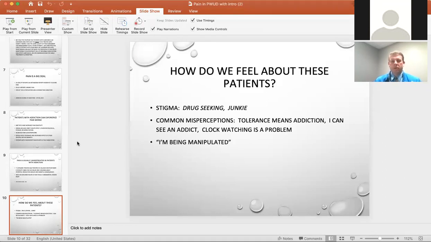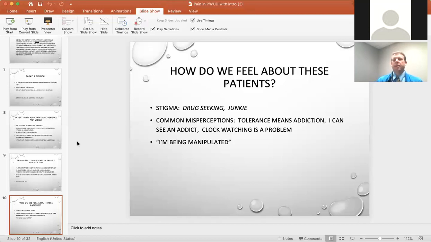The general gist of the article is that we oftentimes don't have very good opinions about patients with addiction, and we have common misperceptions about them. Like we say, if they ask for a medication, they're obviously just trying to manipulate us or trying to get something from us or whatever.